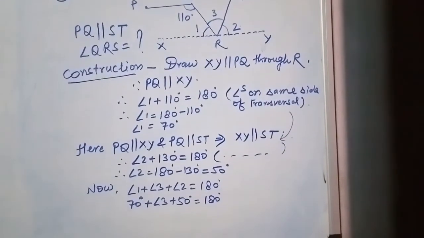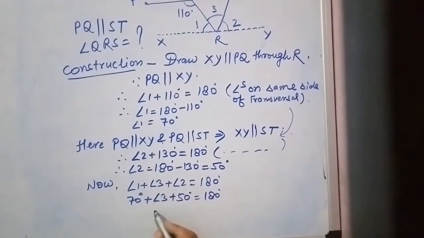So angle 3 equals 180 minus (70 plus 50), that is 180 minus 120, so it is 60 degrees.